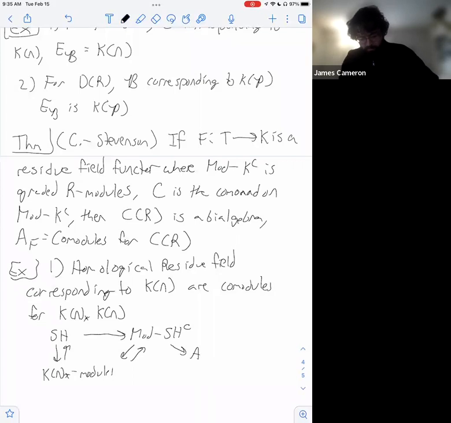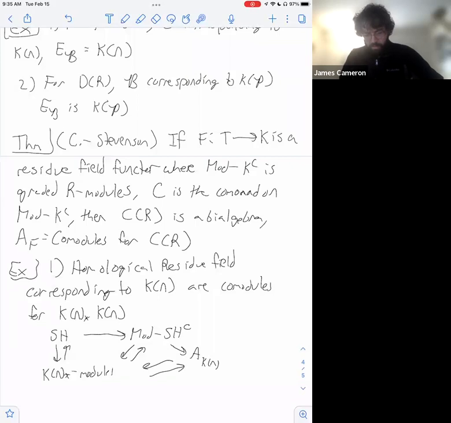Let's call it A_{K_n}, the homological field corresponding to K_n. When I apply this comonad here, it's the same thing as going around that way, and so that's just this functor here.